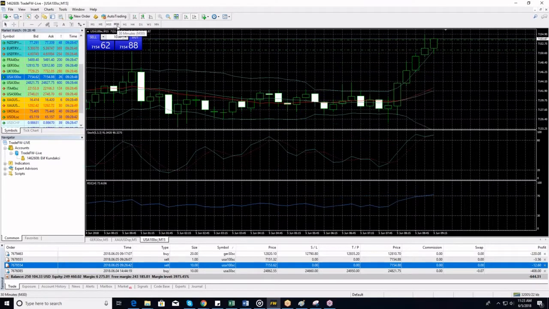We saw a nice uptrend on Nasdaq, but now we have a crossover, and the RSI is also showing us that it's oversold. I believe it will move in our direction.